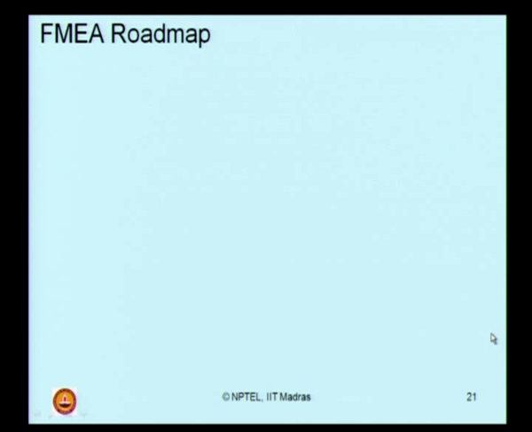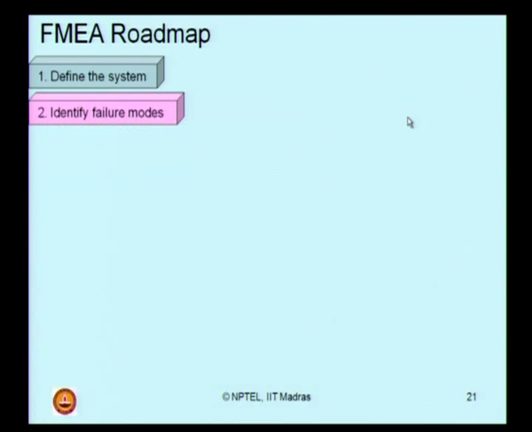When you look at the FMEA roadmap, let us say I want to look at how I can prepare an FMEA for a given component or a given product at a design level or process level, what are all the steps I must follow to complete the FMEA analysis? First of all, define the system for which you are going to perform the analysis.